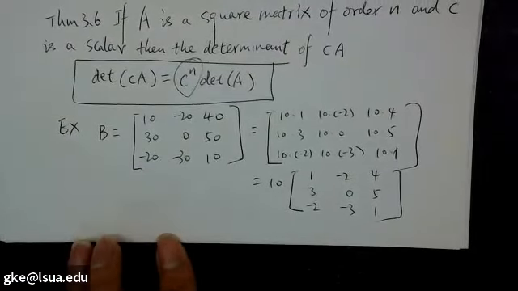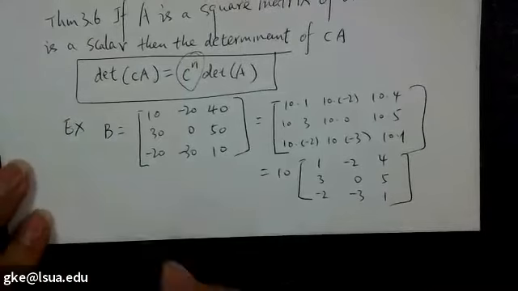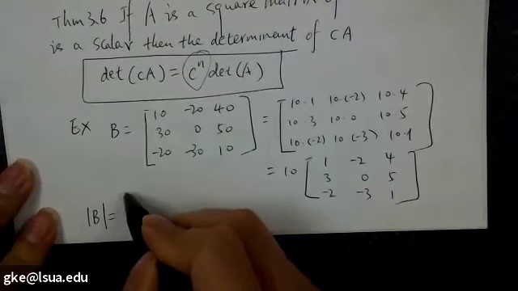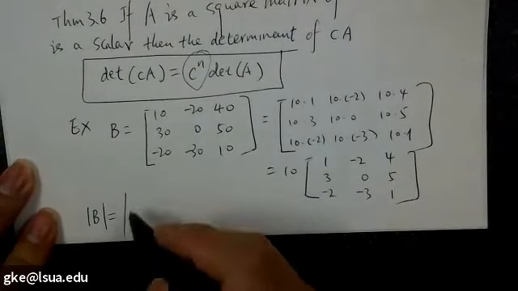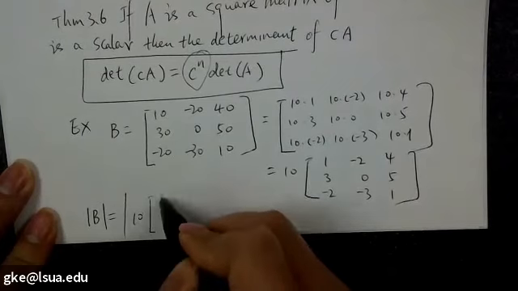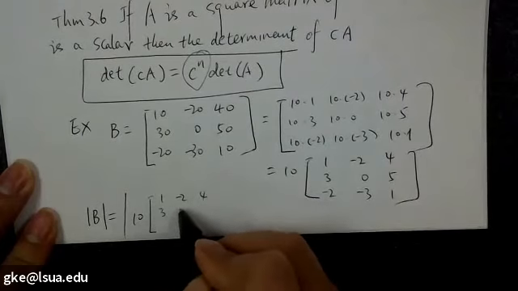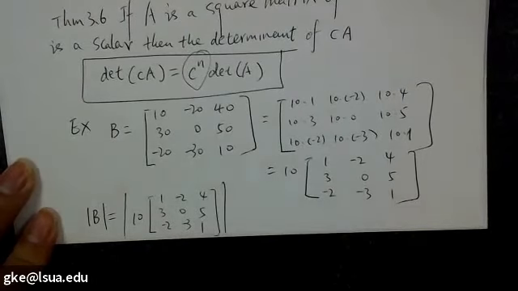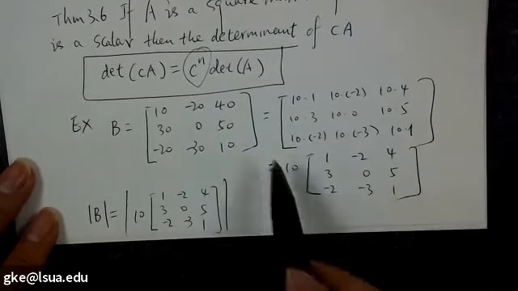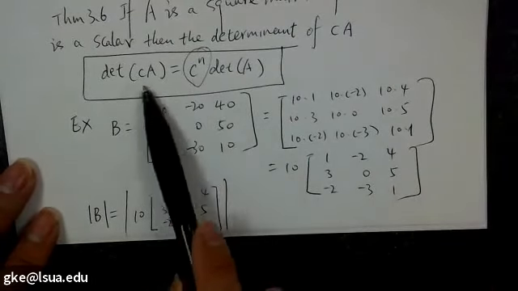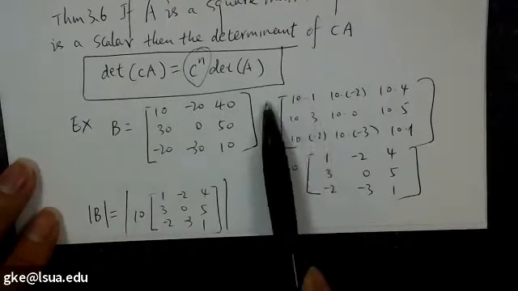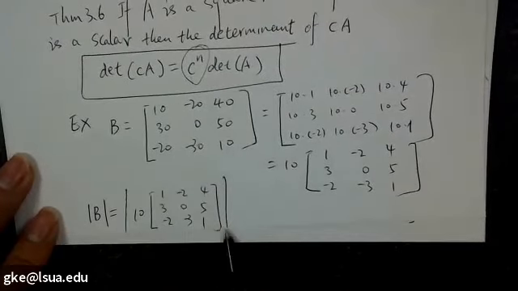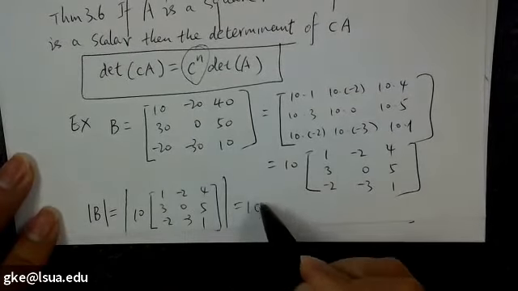Okay, very good. Now, I want to calculate the determinant of B based on the definition. As we can see, the formula tells us if it's C times this matrix, if you remove the C out of the determinant, you're going to get 10 to the power n.